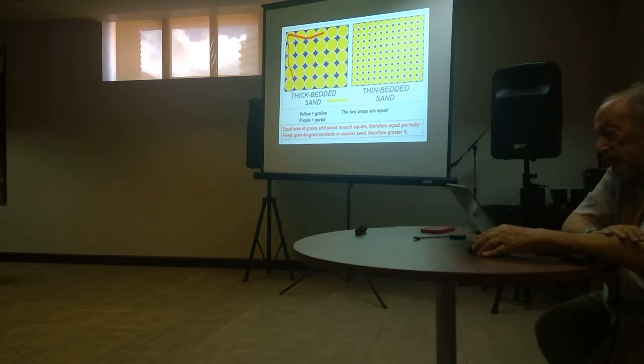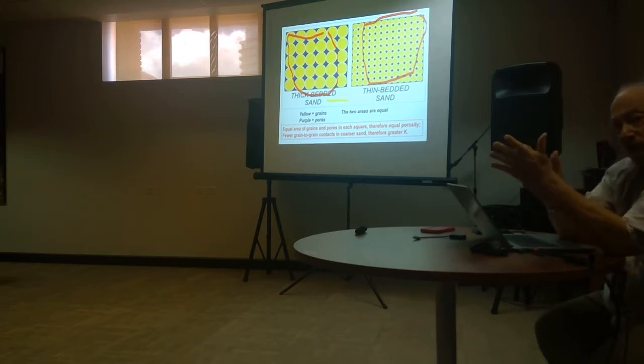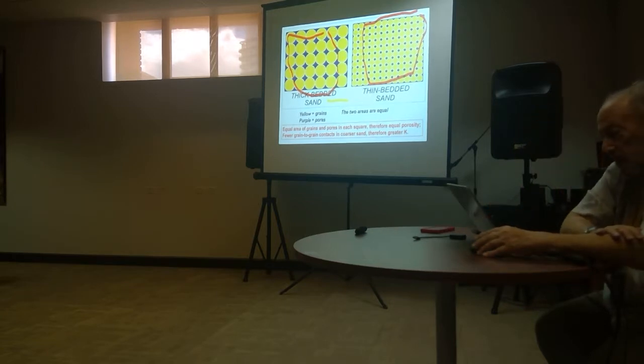Okay, in this example, we would get the same ratio of grains to pores as we would in this example. And so that actually is a measure of porosity because you're measuring grains and pore spaces. So what that means is that porosity does not change very much at all with grain size, but permeability does.